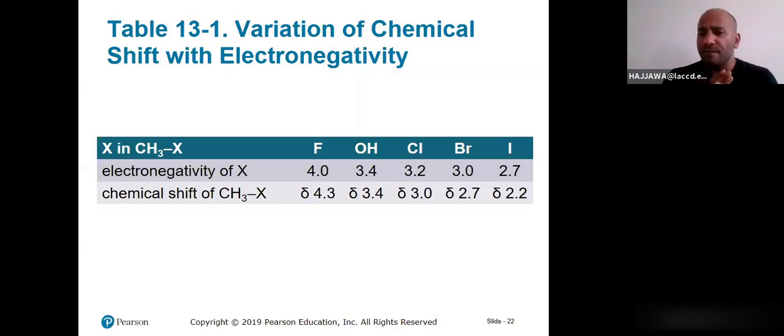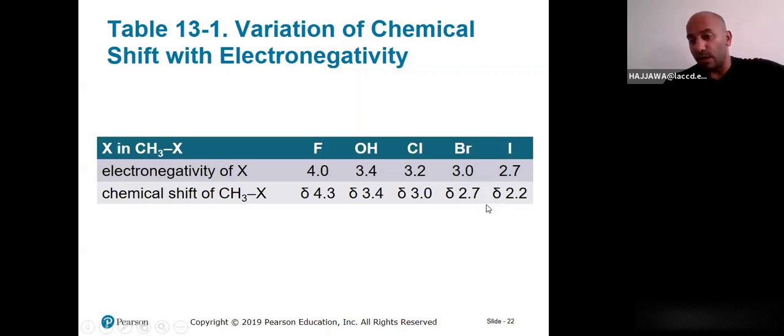So what if the attachment was to an electronegative atom, such as fluorine, oxygen, Cl, Br, or I? The more electronegative the atom, the more the hydrogen is going to absorb in terms of frequency. Therefore, the chemical shift will be more downfield. So you can see here that when you have the CH3 attached to an iodine, the hydrogen is actually going to show up at 2.2.